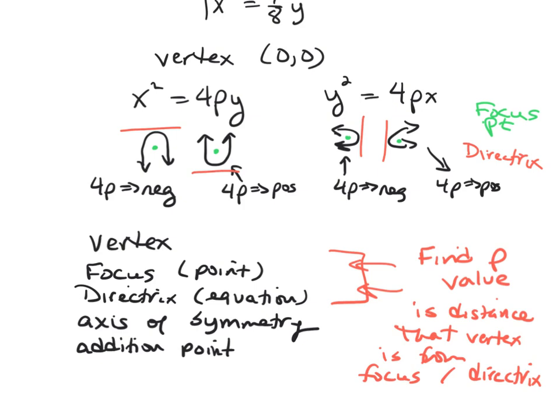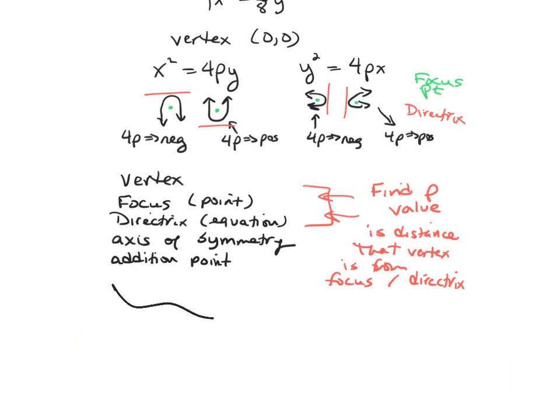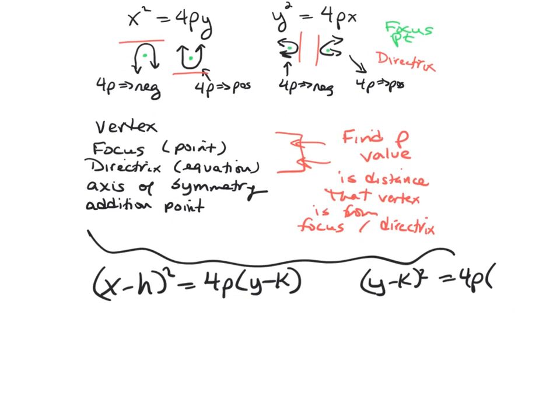Now, when your vertex was not at the origin, then we had these forms of the equation. Then we had (x minus h) squared equals 4p (y minus k), or we had (y minus k) squared equals 4p (x minus h).